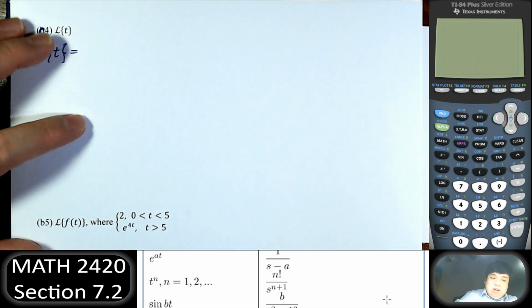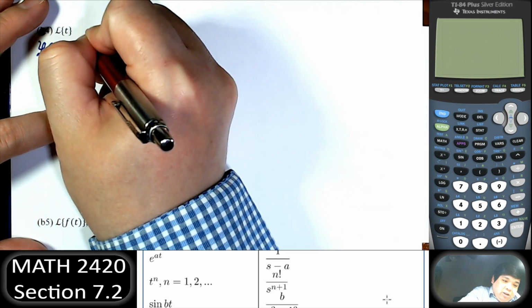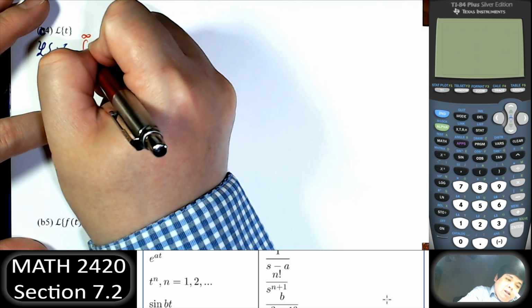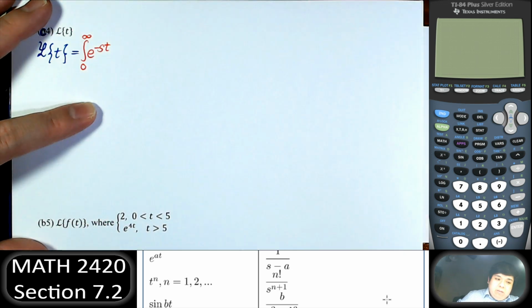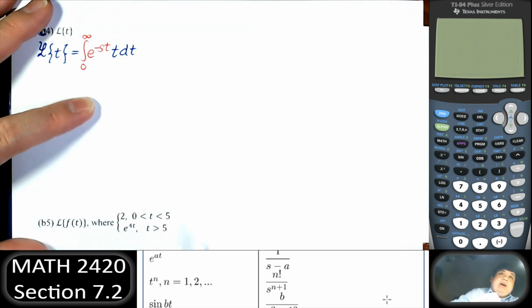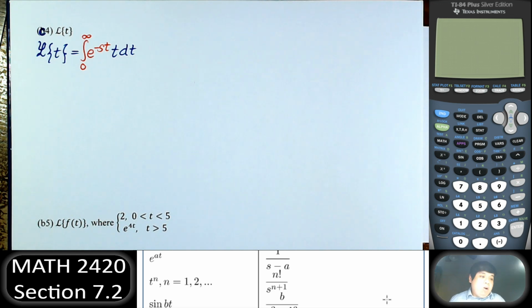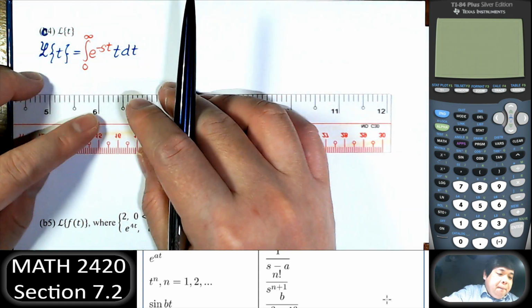By definition, it is the integral from 0 to infinity of e to negative st times t dt. Right, so that is definitely integration by parts. However, this is a lot easier than the previous one. Actually, we should do this one first.